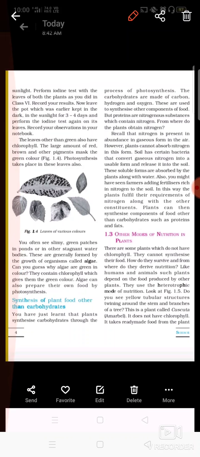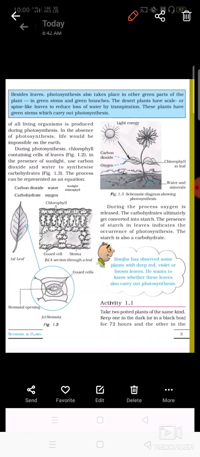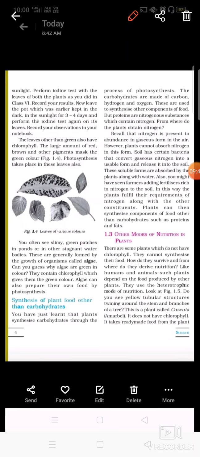Let's revise today's work. We have discussed today that plants can manufacture their food in the presence of carbon dioxide and water. Sunlight and chlorophyll should be there, and carbon dioxide and water are converted into carbohydrates and oxygen. The stomata are helpful in absorbing the gases, and once the carbohydrates are formed, they are stored in the form of starch.